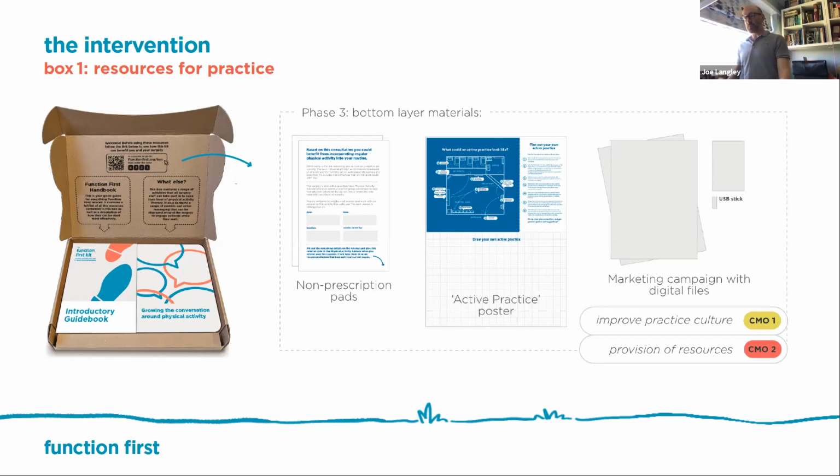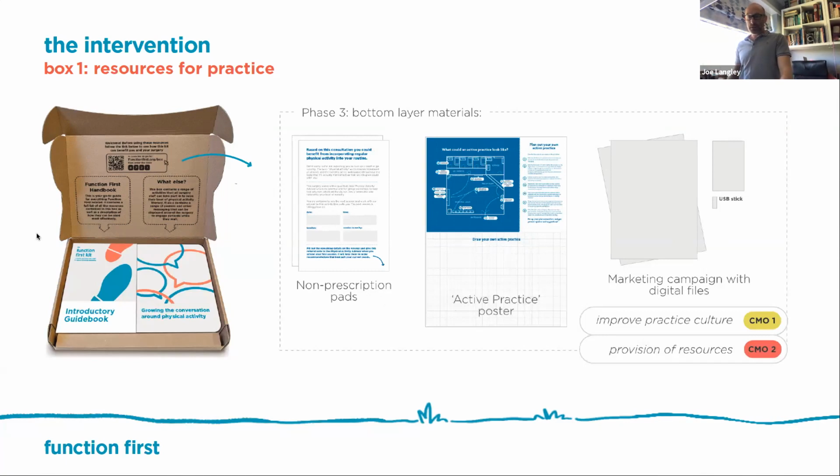The non-prescription pads was about the credibility of physical activity as a medical intervention, where the credibility of it perceived against perhaps a drug or a medication might not be, from the patient's perspective, given as much credibility. So this was about trying to elevate that sense of credibility.